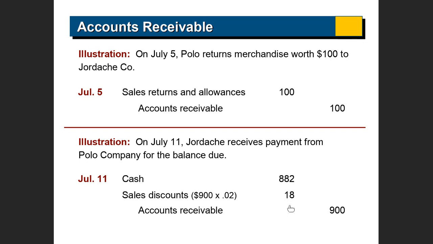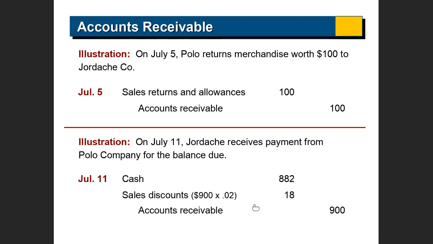Income statement. Where does it go? Under sales. What type of account is this? It's contra revenue. Anything that reduces the revenue is contra revenue. Anything that contradicts the revenue is contra revenue, right?